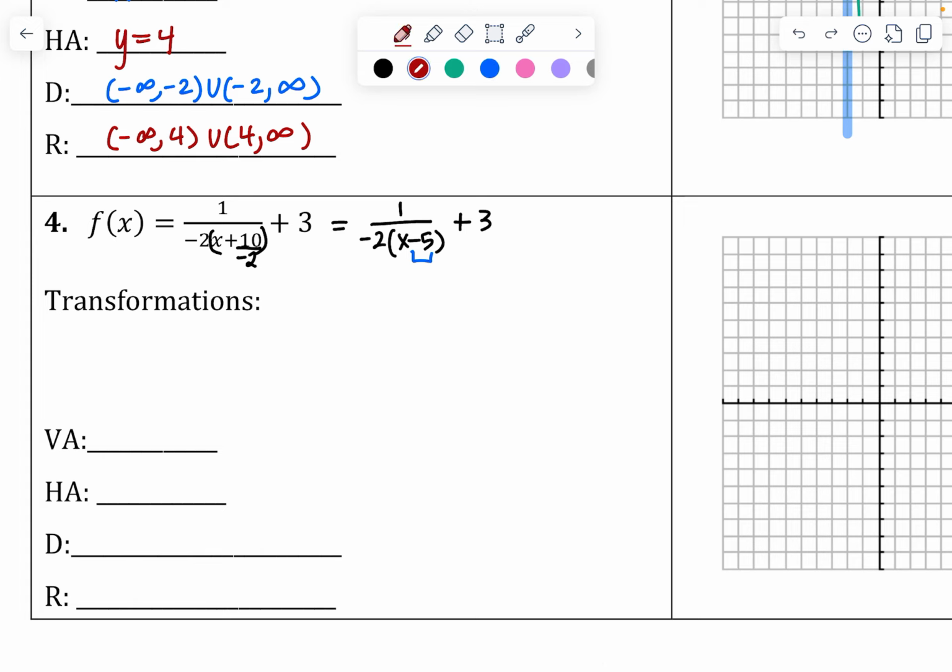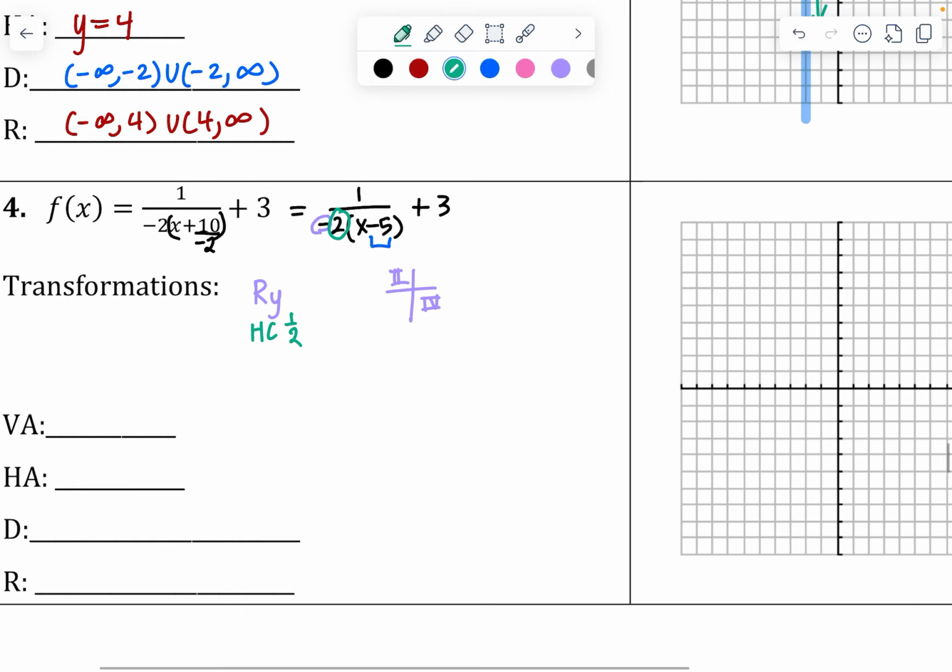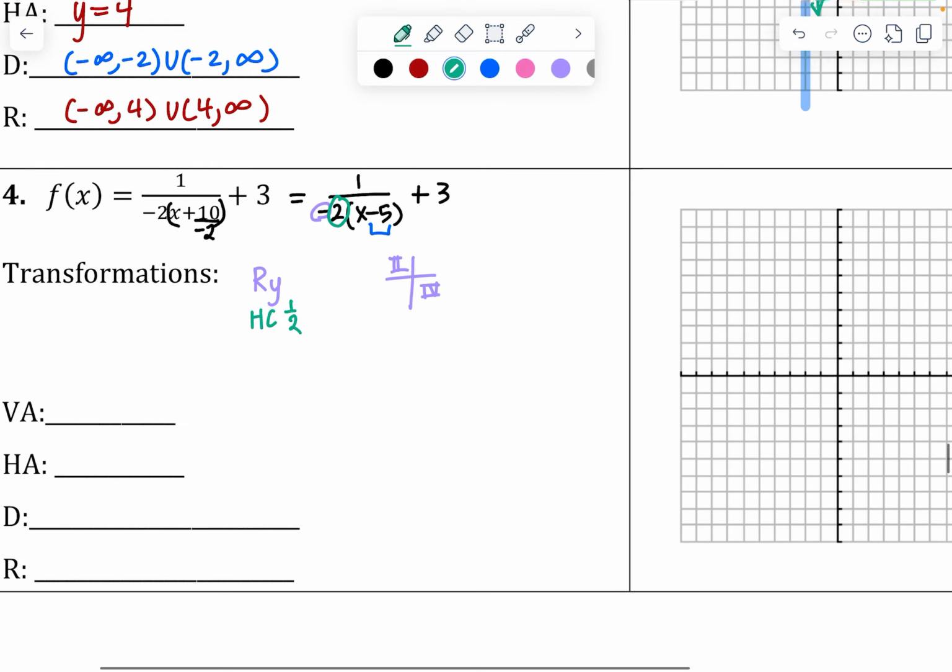And so listing the other transformations, we have a reflection across the y-axis. That means I'm going to be in quadrants 2 and 4. We have a horizontal compression by 1/2. And just like a vertical stretch or compression, that means I'm going to have the points (1/2, 1) and (1, 1/2).